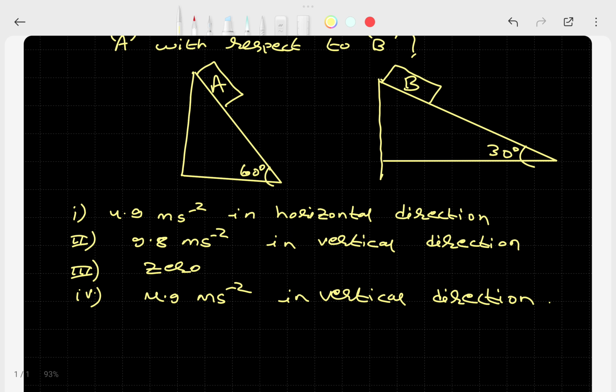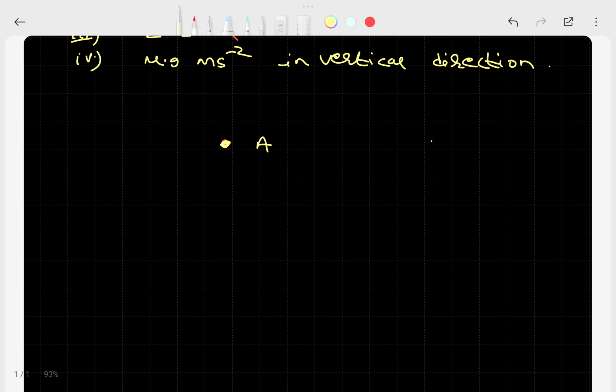Now the trap is 0. This is the trap here. Most students will feel that 0 is the correct answer. Why? Because it is frictionless, and if we draw the free body diagram, we will put g vertically downward for block A, and again for block B also g vertically downward, both in the same direction, and the acceleration is the same.